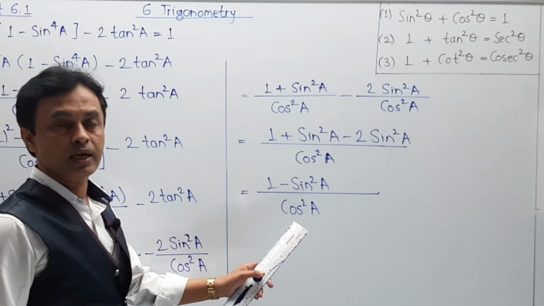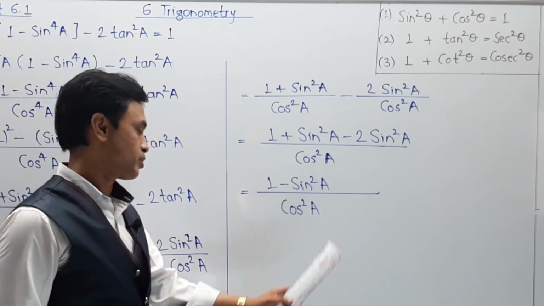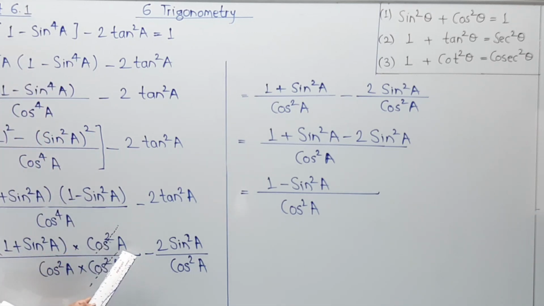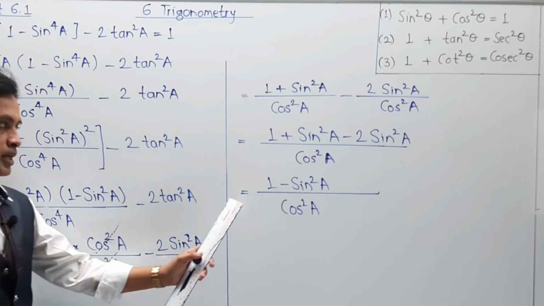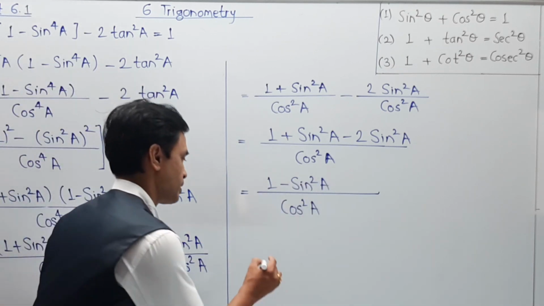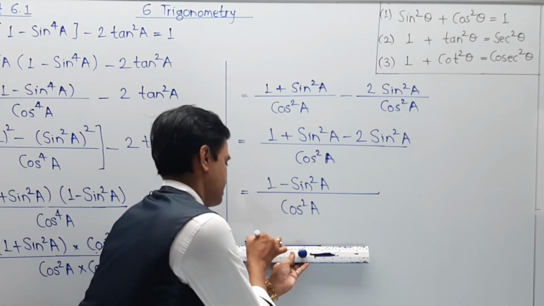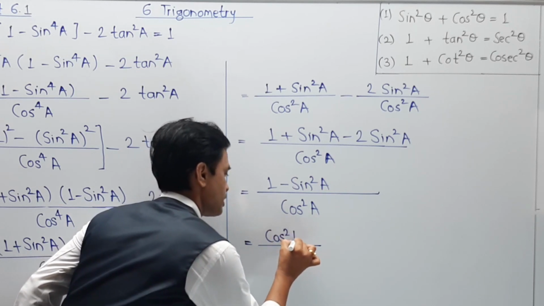Now you have reached the final step, and the part is once again 1 minus sin square a. 1 minus sin square a can be replaced by cos square a. We have already done it over here. Same way here, 1 minus sin square a can be replaced by cos square a.